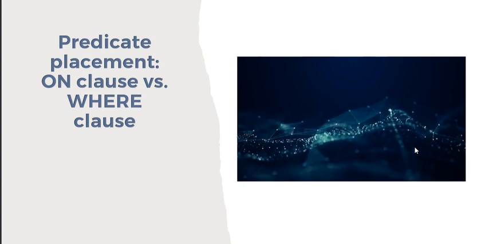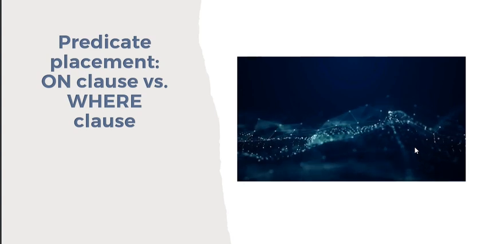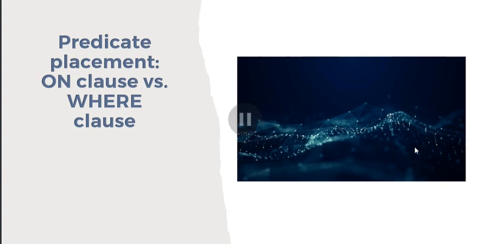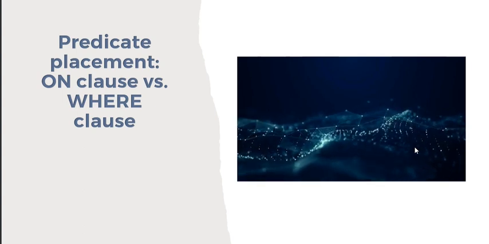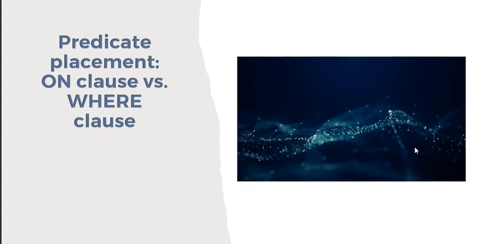It will return the same result regardless of whether we put the predicate in the on clause or in the where clause. However, if we are using an outer join such as a left outer join, then we will potentially get a different result depending on where we place the predicate.